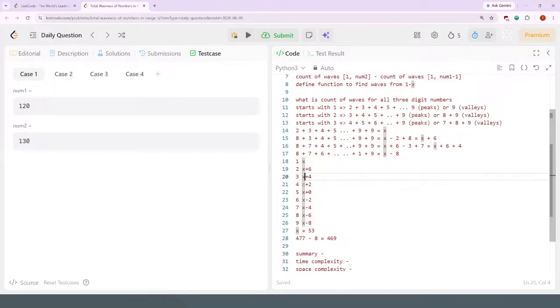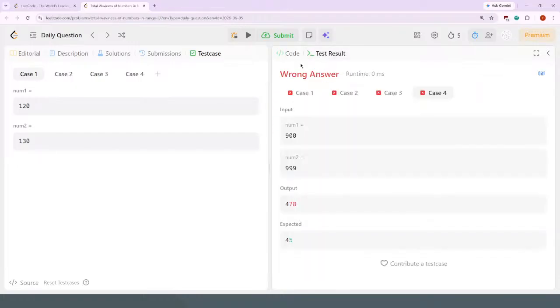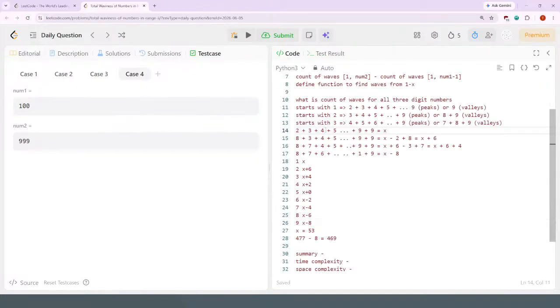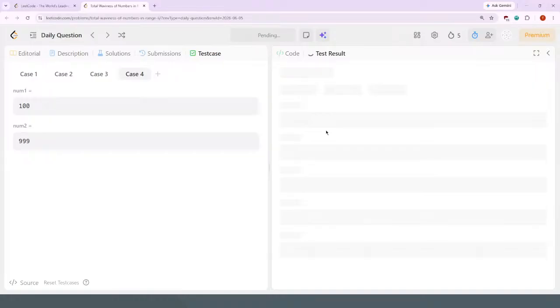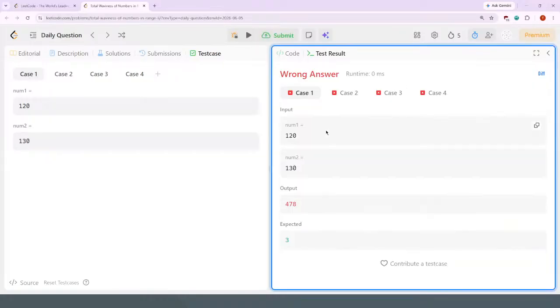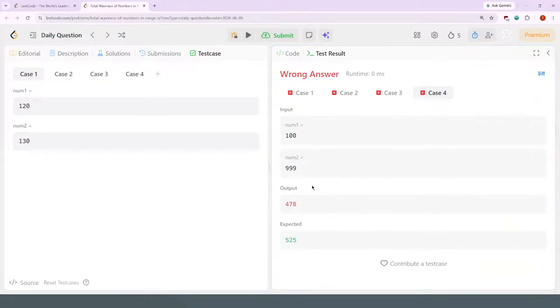1, 2, 3, 4, 5, 6, 7, 8, 9. Huh. Still very confused as to why this is not 469. 525.